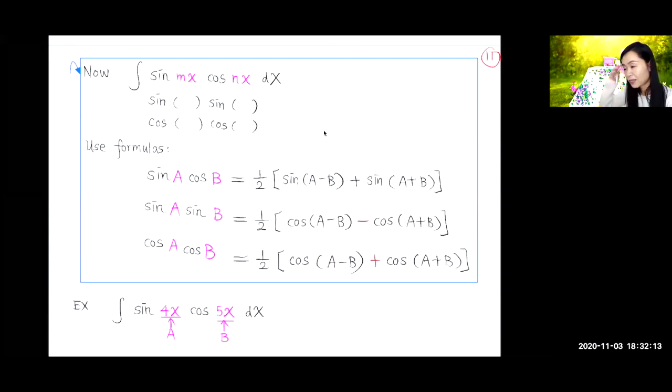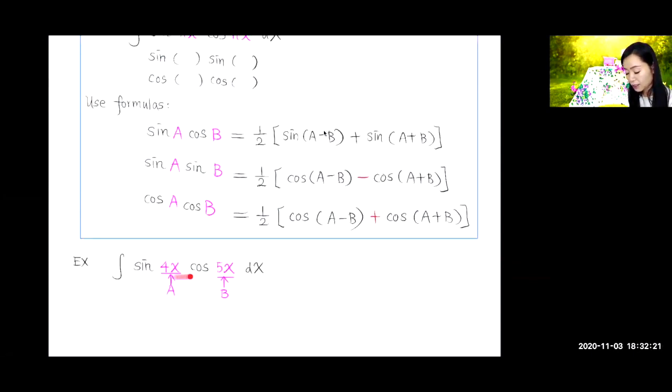I remember I used to memorize all those trig formulas. So this one over here is sine of 4x times cosine of 5x, and you're finding the integral of this function here. Think about this as A and think about this as B. So that will be this case here. So we're going to use this formula.